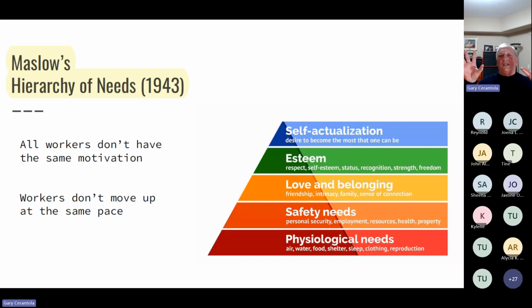He was so confident in coming through that progression of needs that he was looking at how do I affect the world, how do I affect the global aspect of what can be done well for mankind, right? And it's the desire to become the most that one can be.